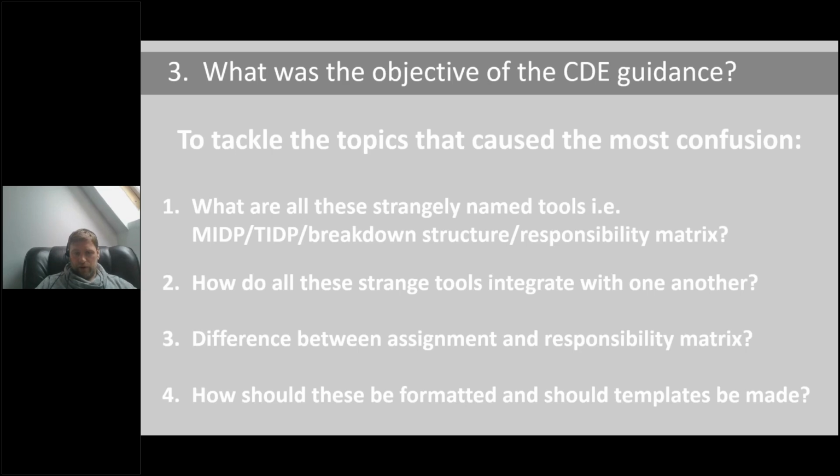The third point is that similarly worded tools are being misunderstood, like the assignment matrix and the responsibility matrix. In the standards, there is something called the assignment matrix, and then there's something called the responsibility matrix. We have witnessed somebody come along and say, that assignment matrix template in the annex of the ISO is the responsibility matrix, the same thing, so just roll that out, and it isn't.